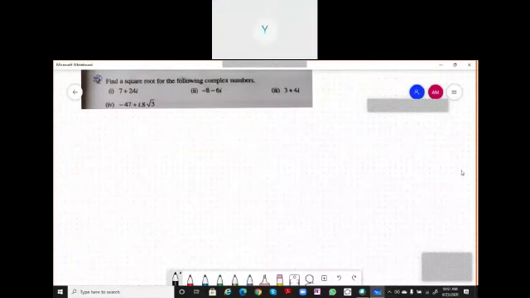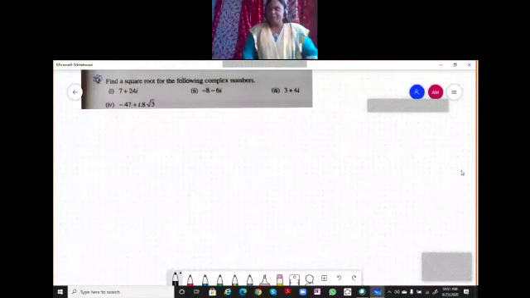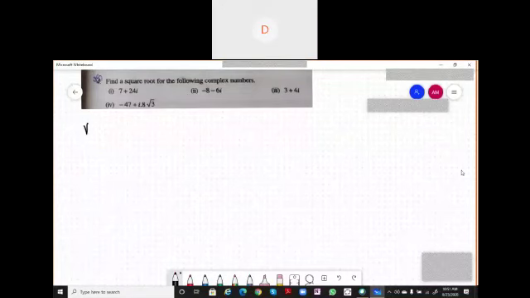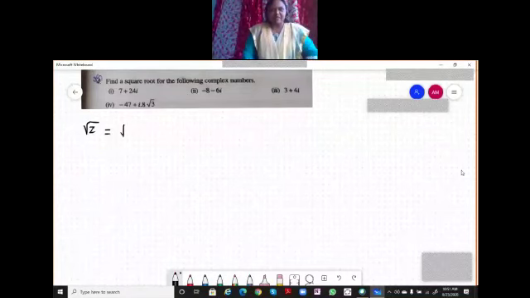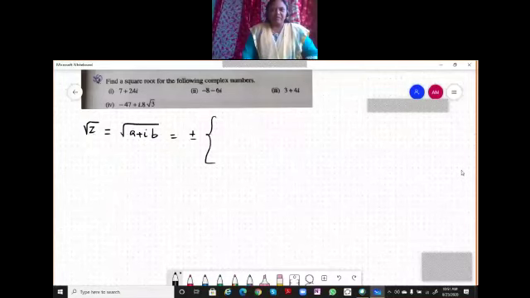Yes. Okay, so root z, that is the square root of a plus ib. What will it be? Let me write plus or minus here.